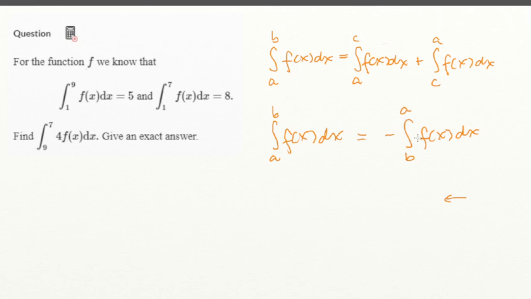When we're going from b to a, we're going to the left, so we're counting everything to be negative. And that's another property. So simply, if we invert those 2 points, a and b, we're going to get negative that integral.